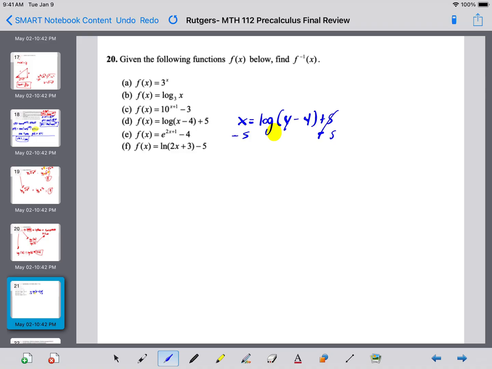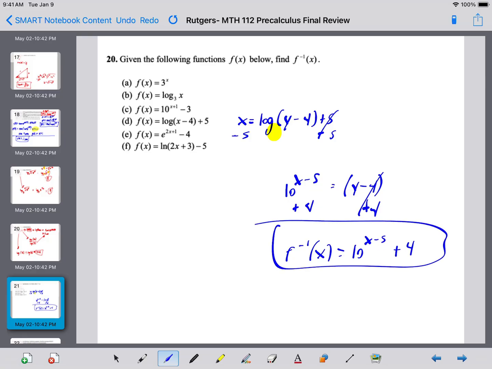Now we have base, argument, so it's on the other side of the equal sign, equals the exponent, x minus 5. You're then going to add 4 to both sides, and we get the inverse of f of x equals 10 to the x minus 5, plus 4. Okay, that was question D.